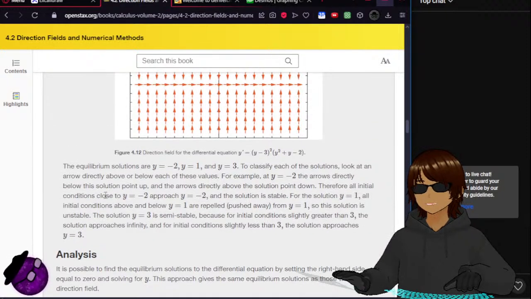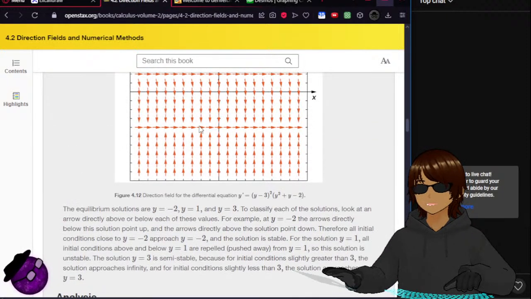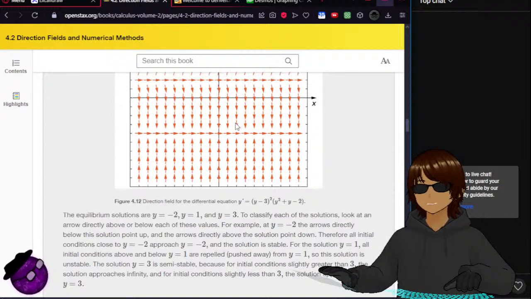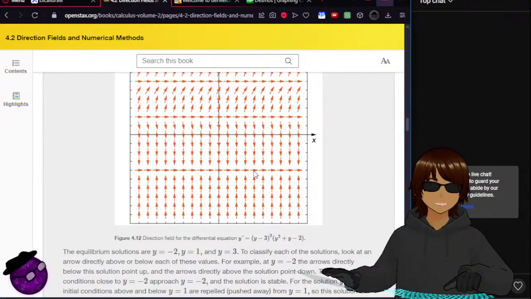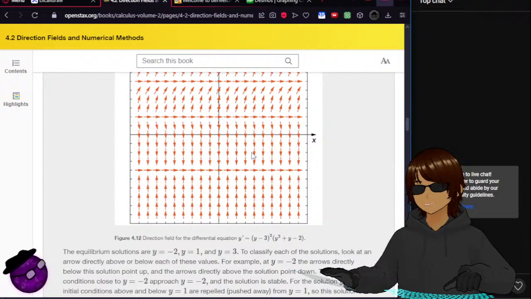Therefore, all initial conditions close to y equals -2 approach y equals -2 and the solution is stable. For the solution y equals 1, all initial conditions above and below are repelled, pushed away from y equals 1. So this solution is unstable. Okay, now I understand. If the values close to k are approaching k when x is increasing, then the solution is stable.